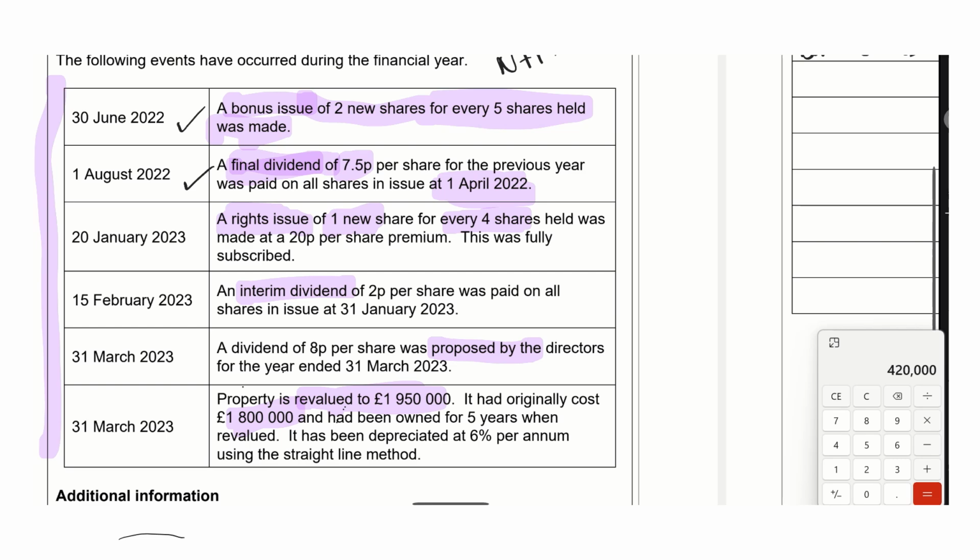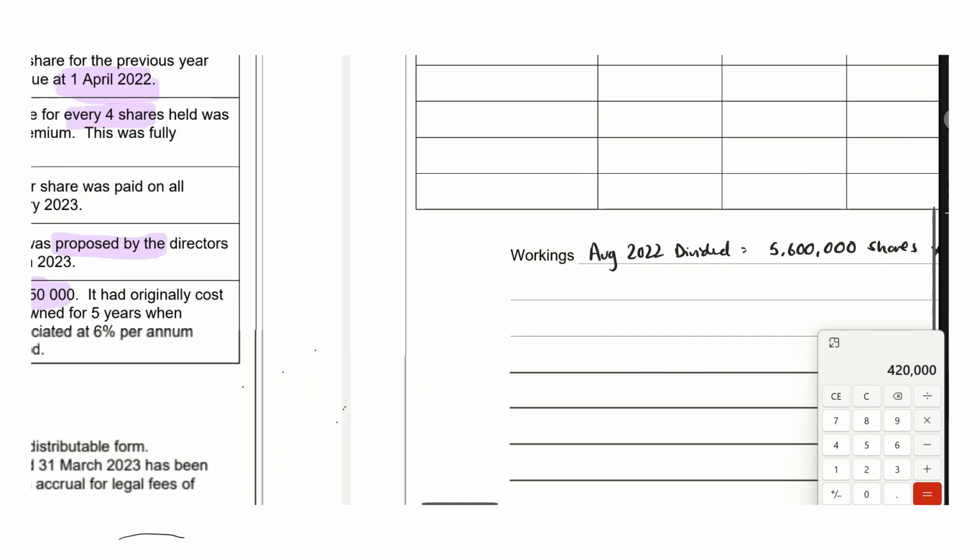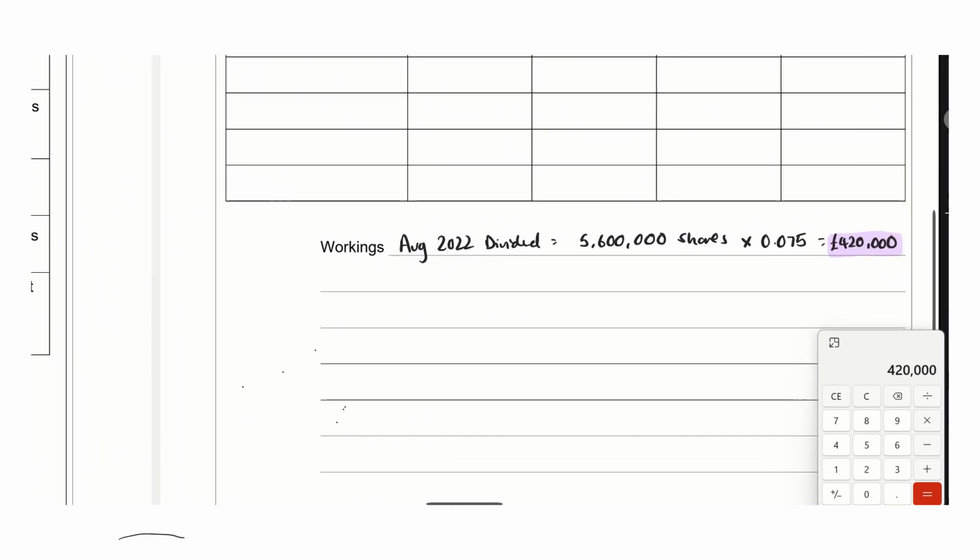We already know from our previous workings that we started off with 5 points. So effectively, this is working 1. This is going to be working 2 for your rights issue.